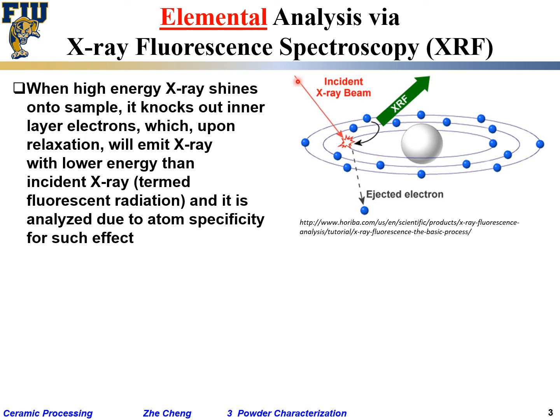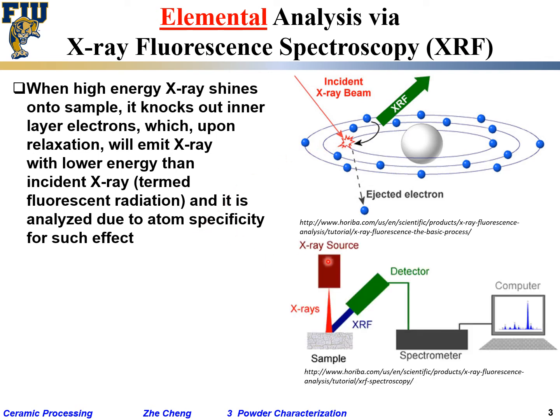So essentially, the right one is your incoming high energy X-ray. It knocks the electron away, the outer shell electron goes back, and in this process emits X-ray with lower energy. In this process, we can measure the emitted X-ray.